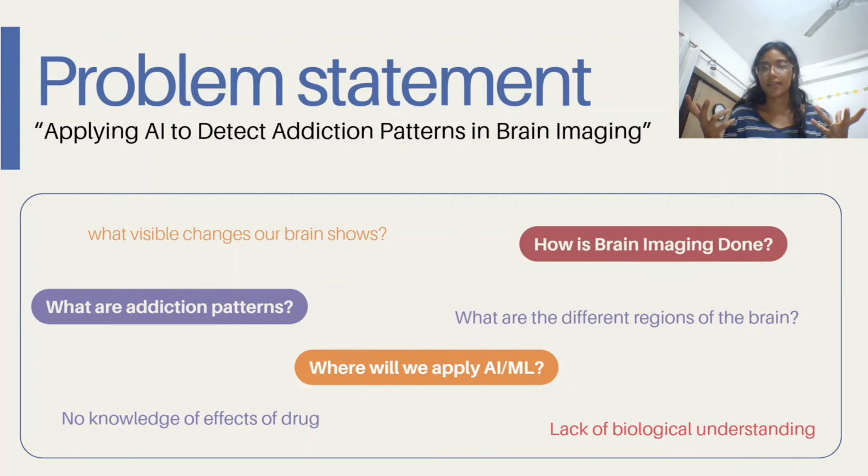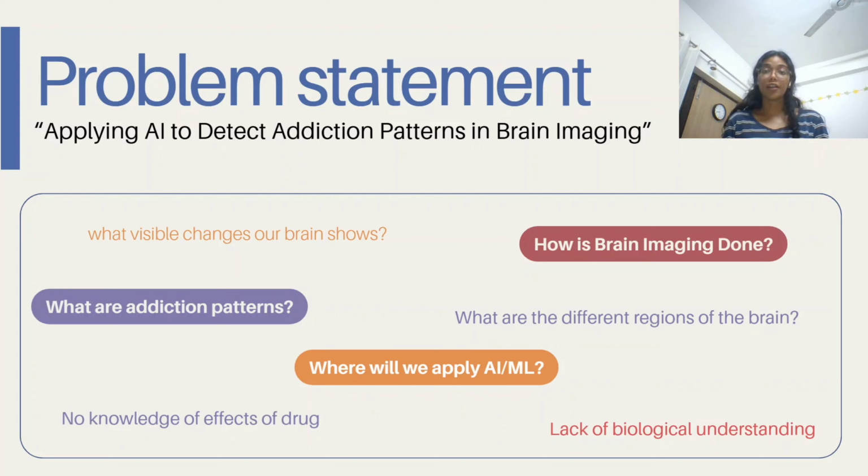What are addiction patterns exactly? What are the different regions of the brain? You might not even know about the effects of drugs, or you might lack biological understanding in general. This is a very common issue that AI ML coders face: they might not have prior knowledge about the field they are trying to use AI ML in.